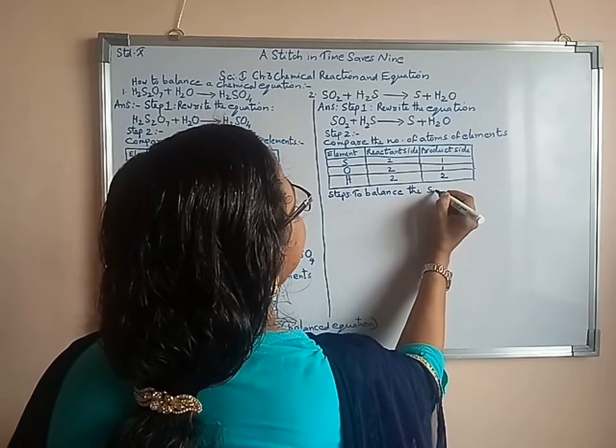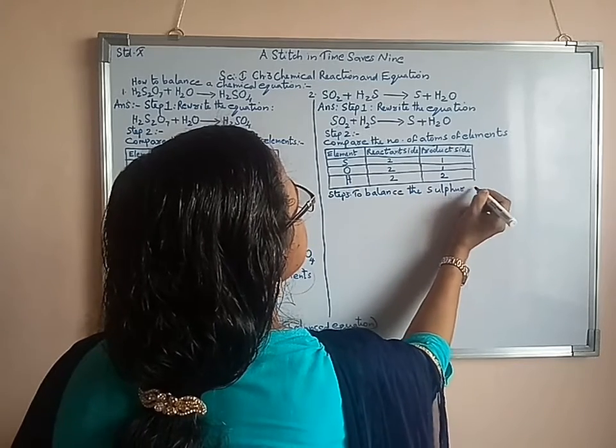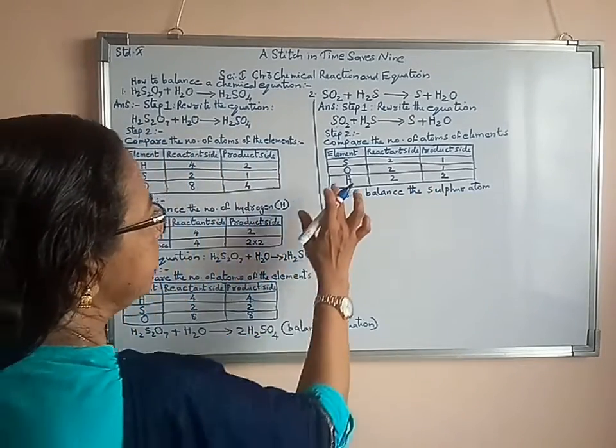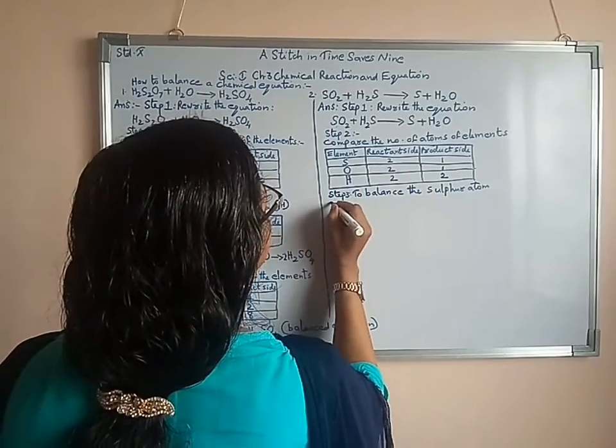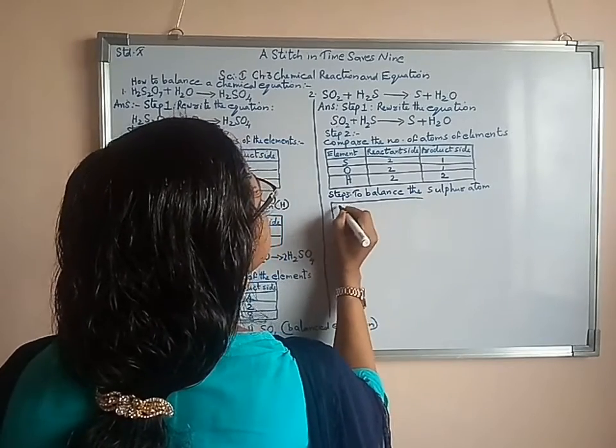First we are going to balance the sulfur atom. To balance the sulfur atom first, for that again we have to make the table.